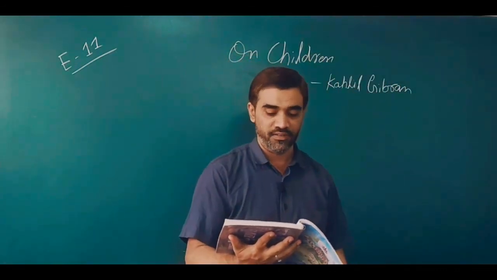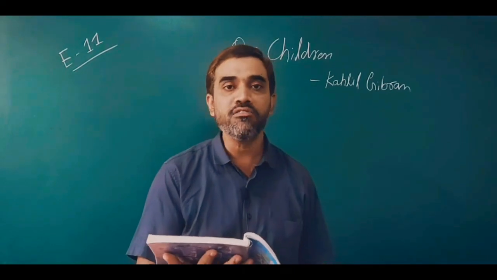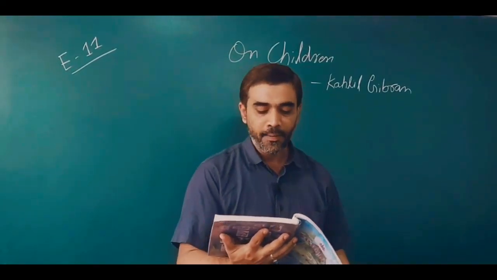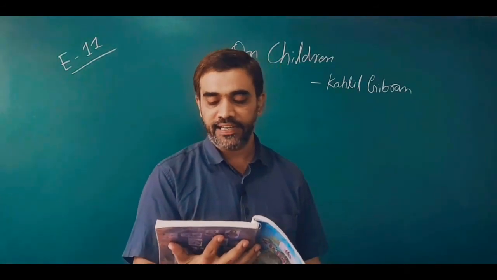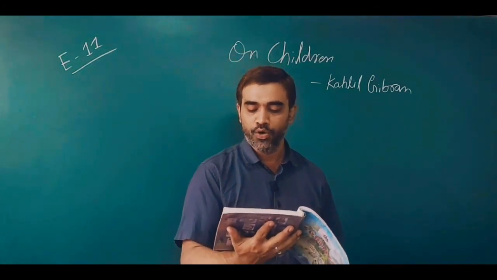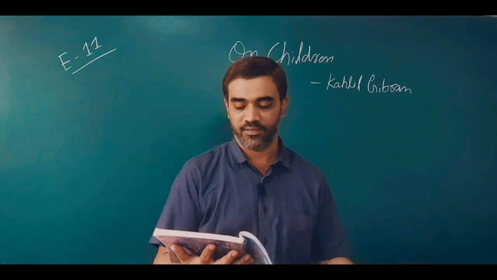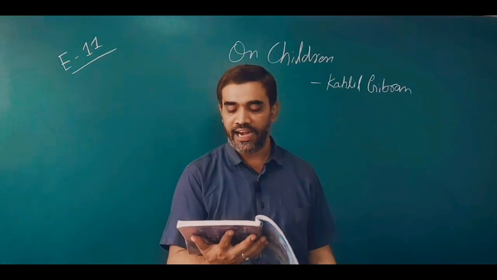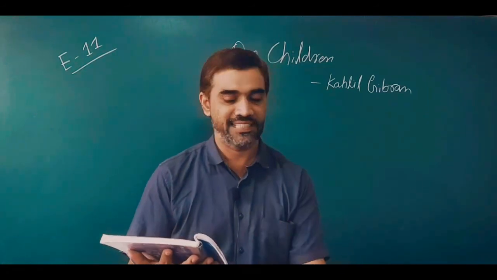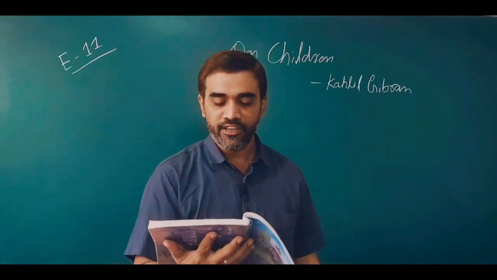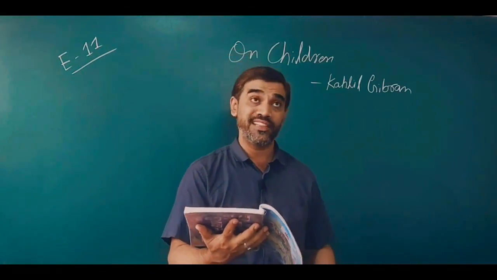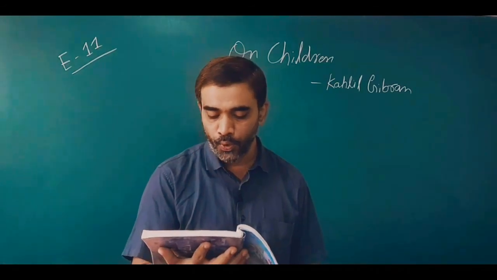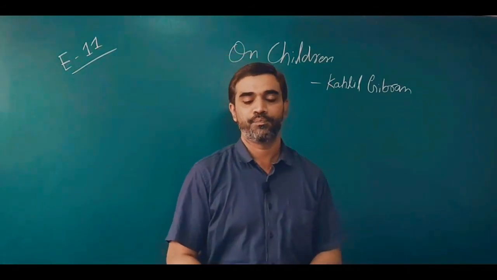The archer seeks the mark upon the path of the infinite, and he bends you with his might that his arrows may go swift and far. Let your bending in the archer's hand be for gladness, for even as he loves the arrows that fly, so he loves also the bow that is stable."